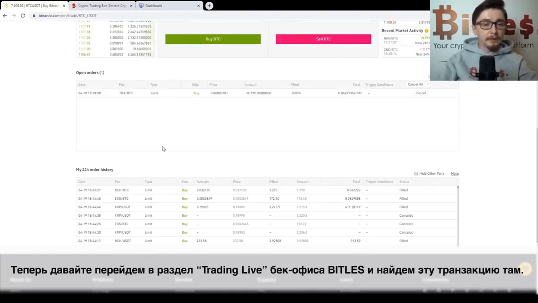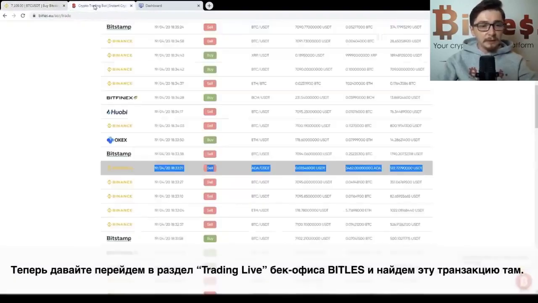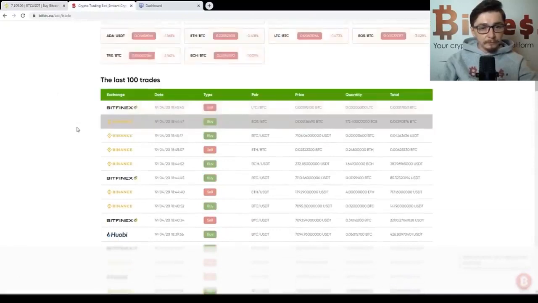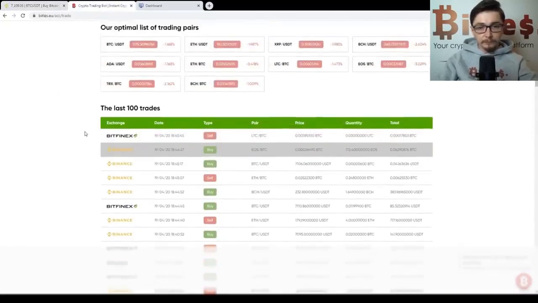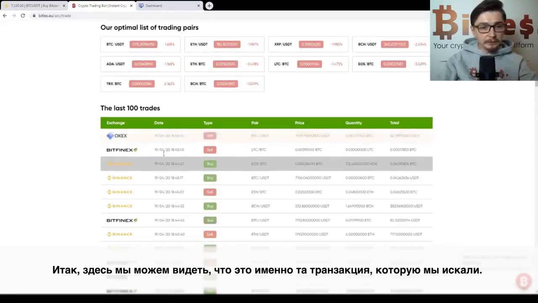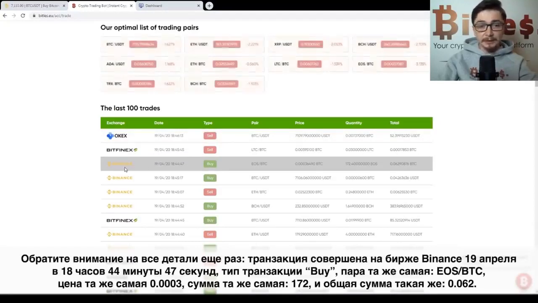So now let's go to trading live section of our Beatles back office and find this trade there. So here it is. Here we can see that this is exactly the trade that we were looking for. Pay attention to all the details again.